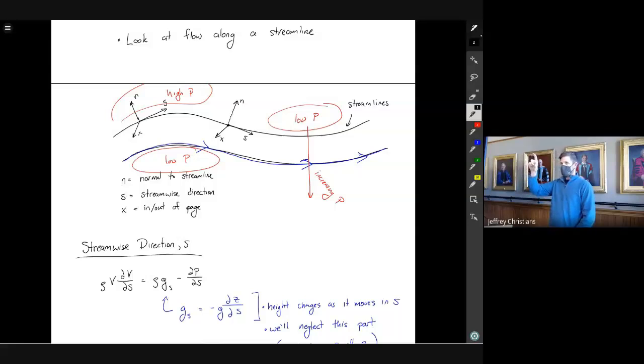So if streamlines pinch together, that means velocity goes up. If velocity goes up, that means pressure changes. So all of these things are related. Just visually from looking at what the flow looks like, we can get a lot of information about pressures and velocities and what's happening, at least at a qualitative level. And I think there's a lot of value to that.